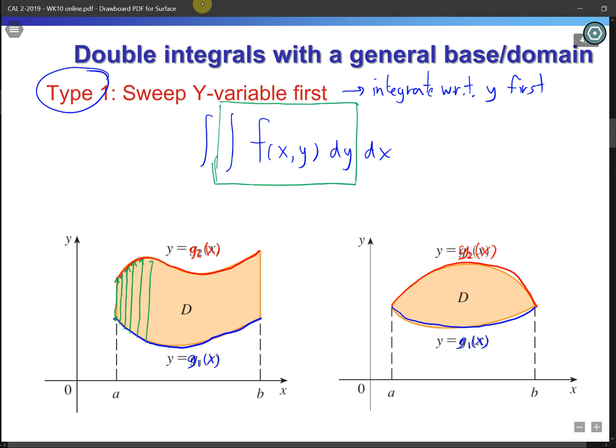Keep going just like we did with a rectangular domain, all the way through.